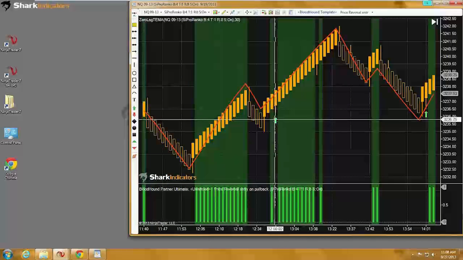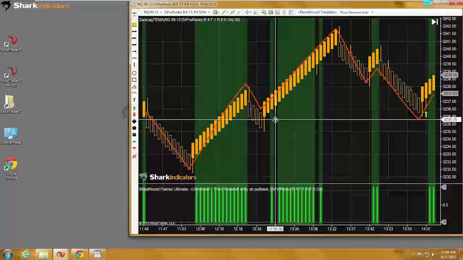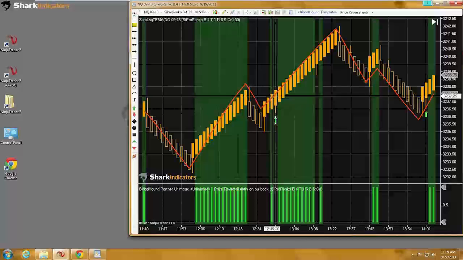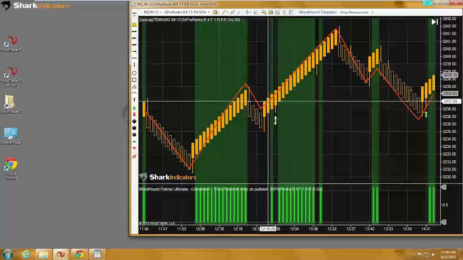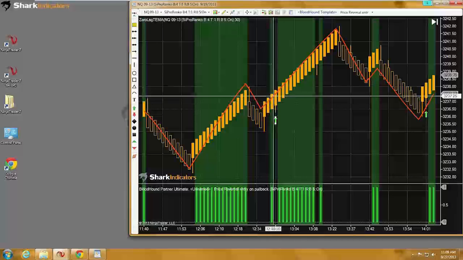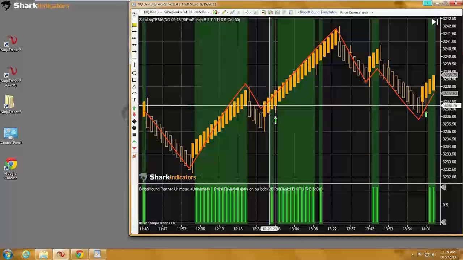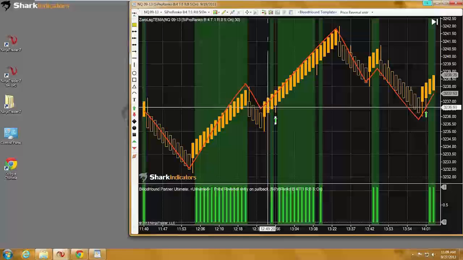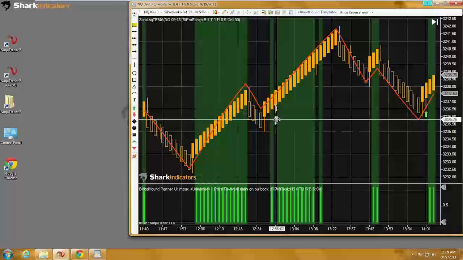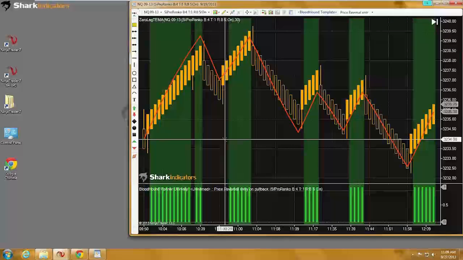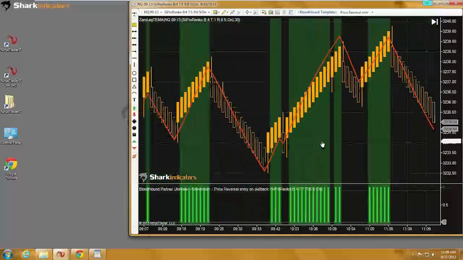And let's see, I don't want signals when the moving average is inside the bar. Obviously this type of Renko bar can easily give you a whole bunch of false signals, because it has such a long bar, and we're looking for just the pullbacks or the tail of the bar. So let's see if I can find some other entry signals here.